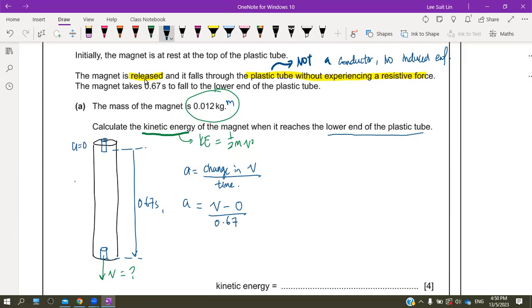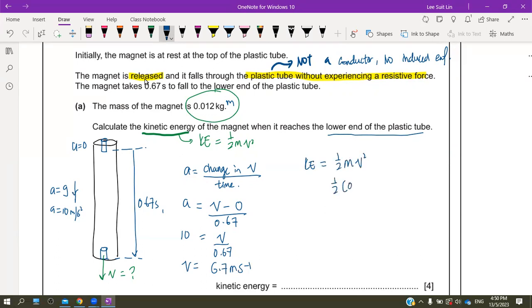This magnet is undergoing gravitational acceleration. So a is equal to g, or 10 meters per second squared. 10 is v over 0.67. So from here, you can find the velocity as 6.7 meters per second.